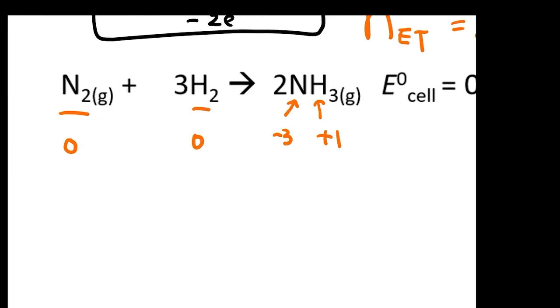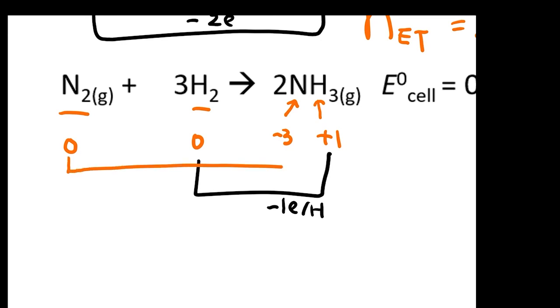Second step, you figure out who is your LEO and who is your GER. Here to here, you lost 1 electron per hydrogen. The GER will be your N, so you go from here to here. Therefore, you gain 3 electrons per nitrogen.